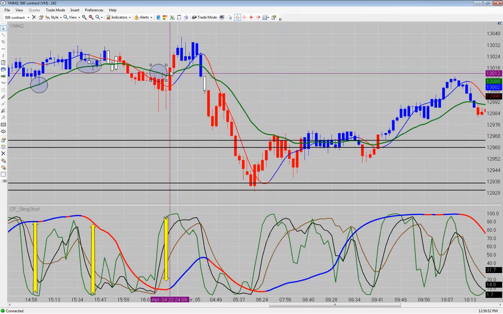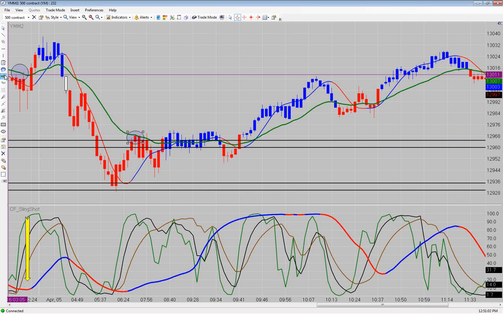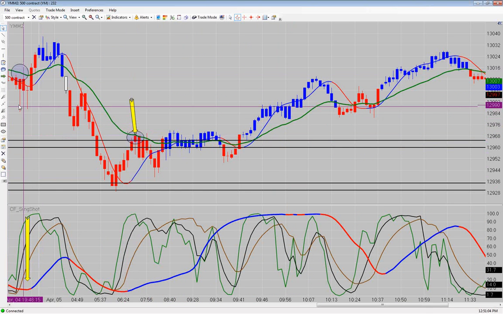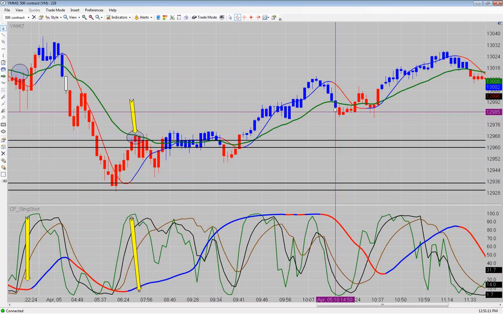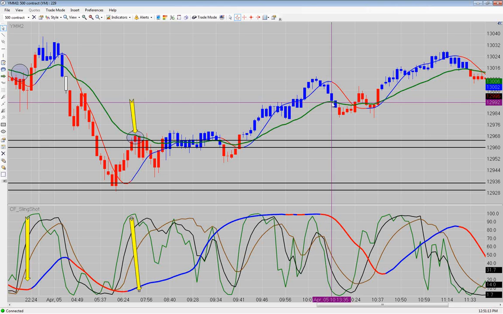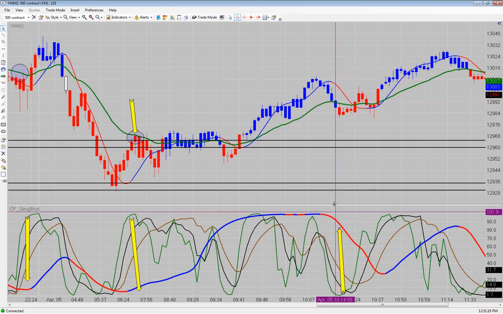Okay, and that's in the middle of the night. But when the day started over here, 7 o'clock, we have this area right here, right on top of weekly trading zone. But we also had all this divergence. Over here, this was the first pullback this morning. Right, and we had all that divergence right there.